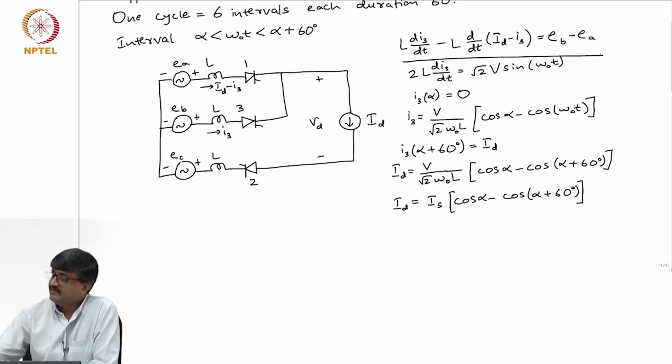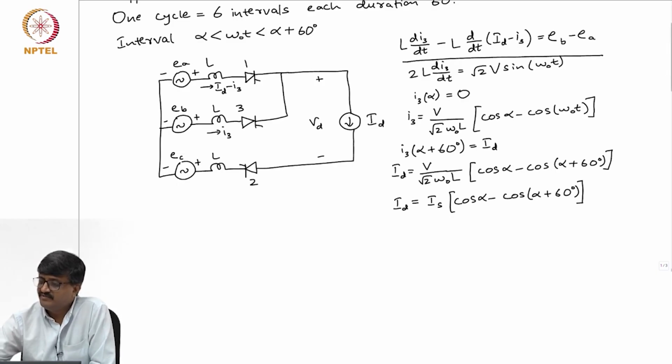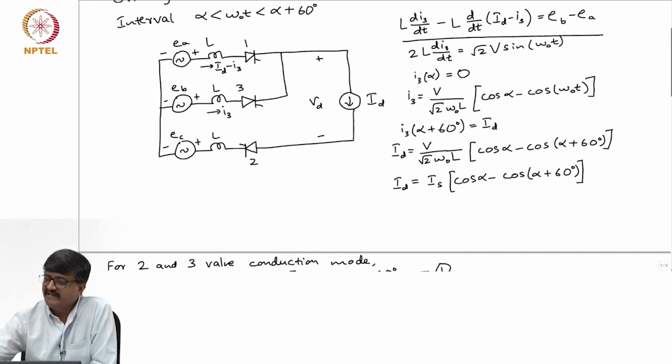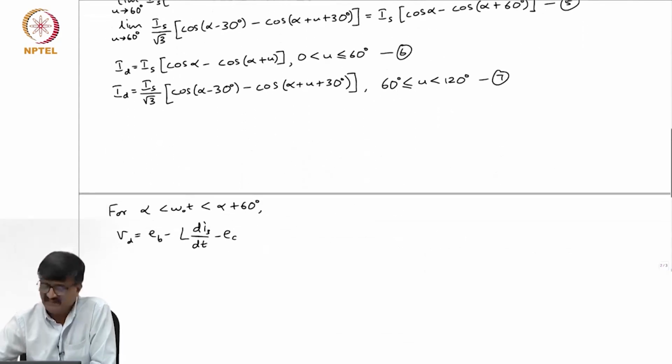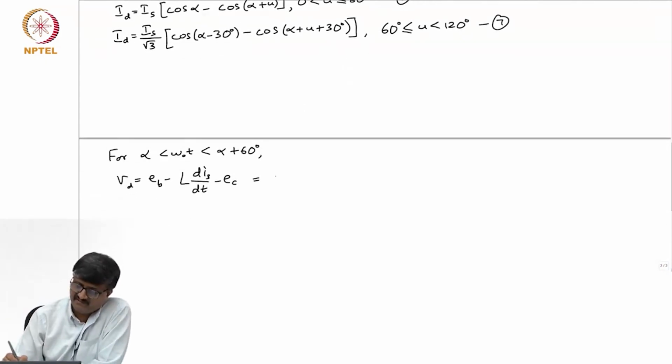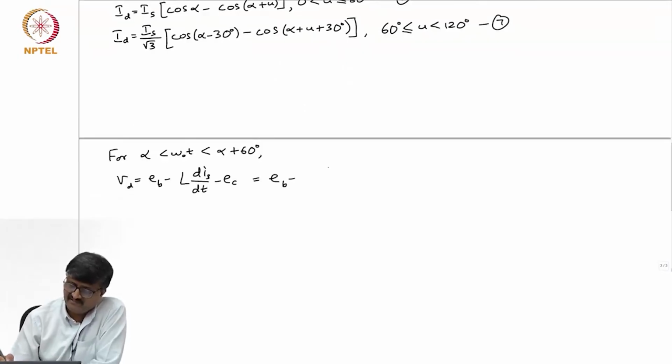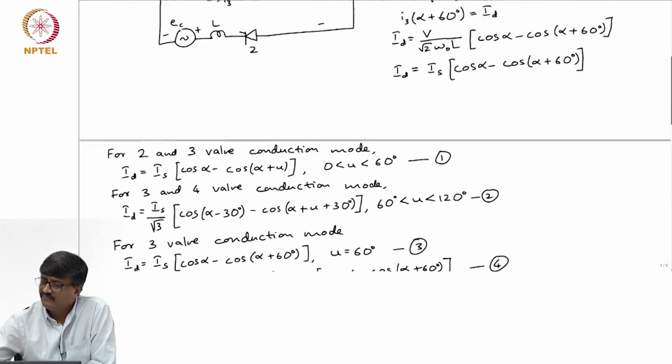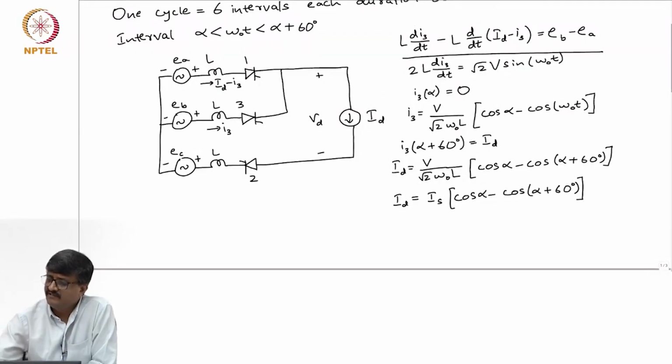I'll just substitute this expression for L di3 by dt in this equation. In fact, Eb minus Ea is 2L di3 by dt.